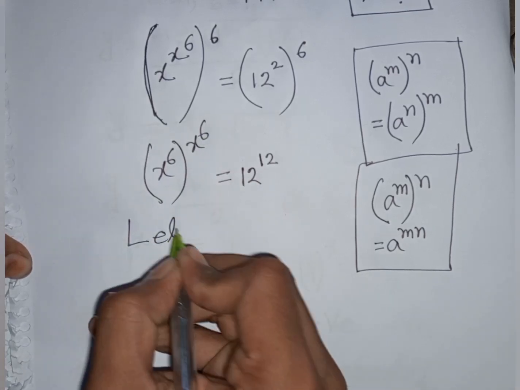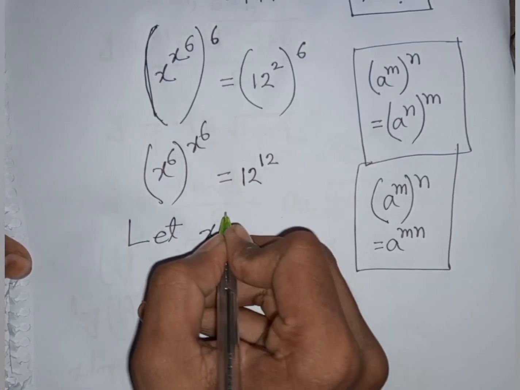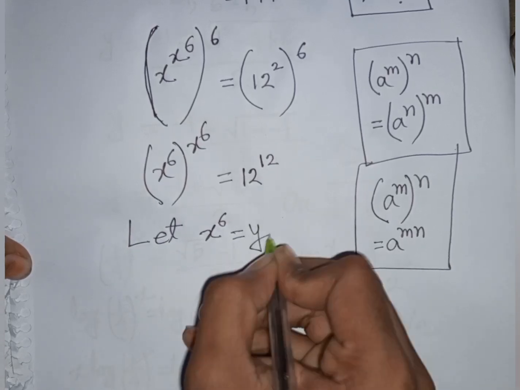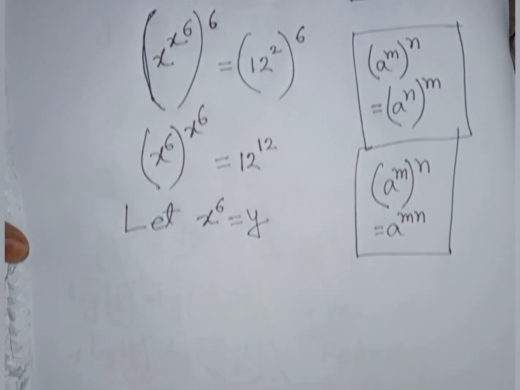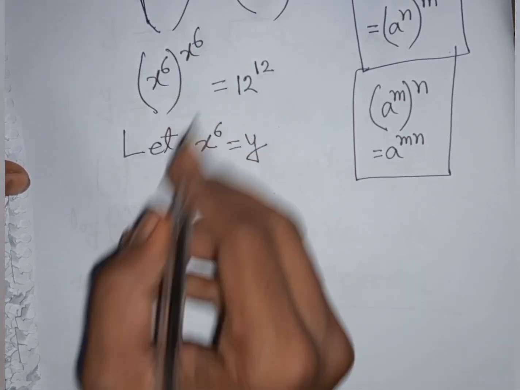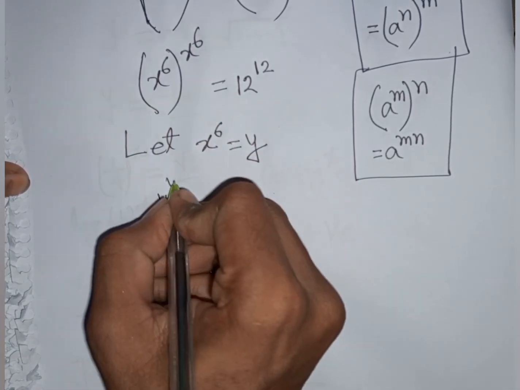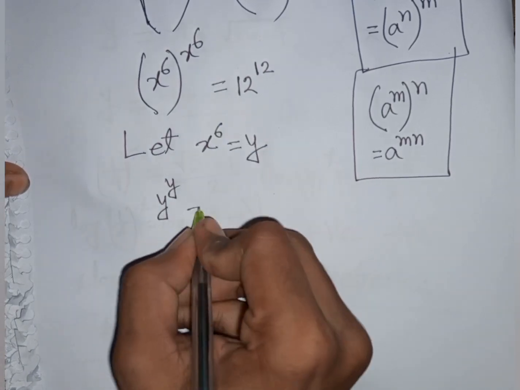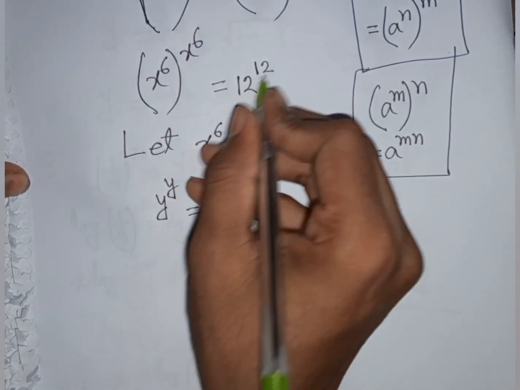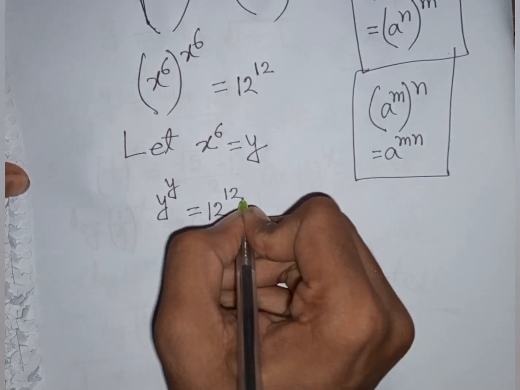So let x power 6 be substituted by y. So our equation will be y power y is equal to 12 power of 12.